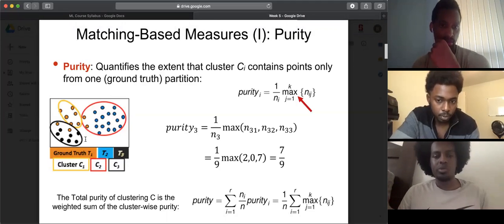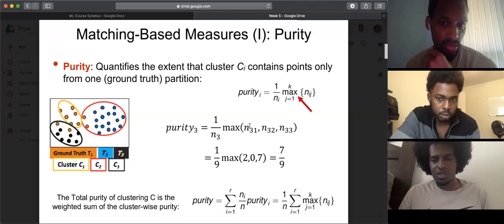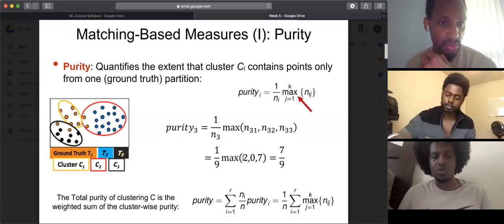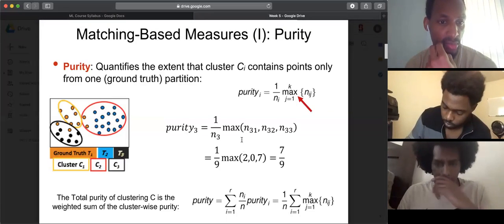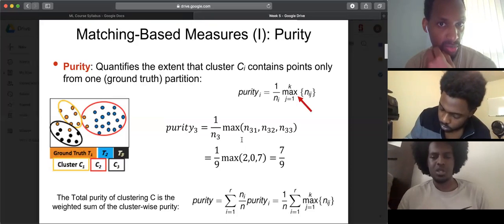There are 0 blue dots in my cluster 3. For n_3,1, n_3 is cluster 3, and 1 is ground truth label 1, which is orange, so there are 2 of those. So your first subscript is your cluster selected, and your second subscript is your ground truth label.